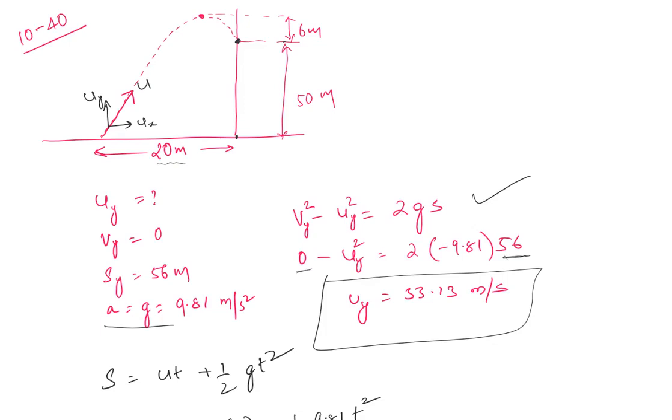So we use 56 because there we know the final velocity, which is 0, because when the ball or water reaches the very top, its final velocity is 0. So from that we can calculate the initial velocity. Of course, this is all vertical.